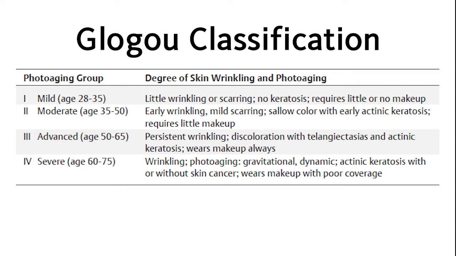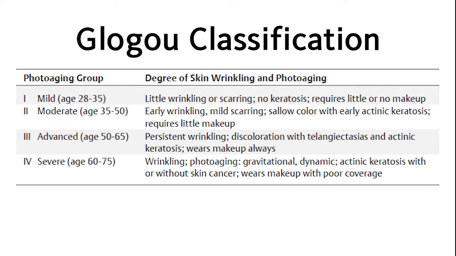Moving on to the Glogau Classification. In this classification, there are 4 photoaging groups. Group 1 means the mild one, age from 28 to 35. It has little wrinkling or scarring, no keratosis, and requires little or no makeup.